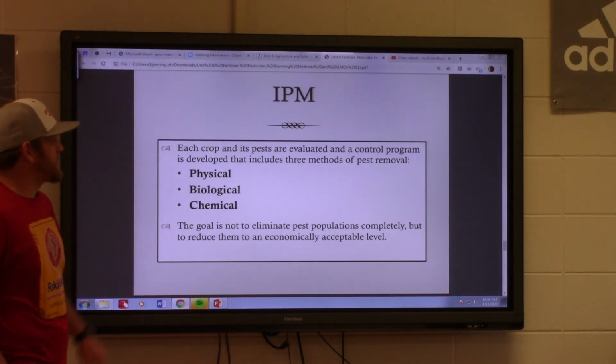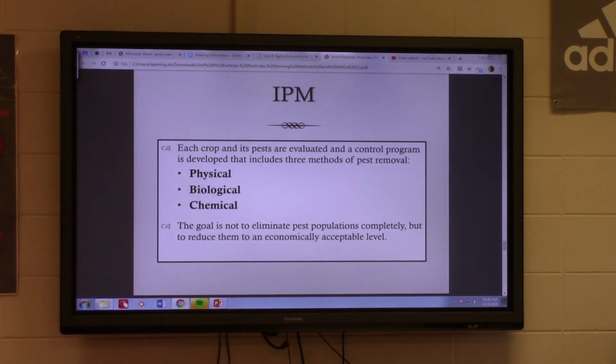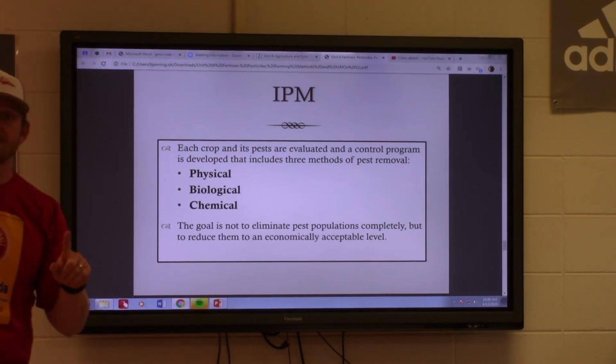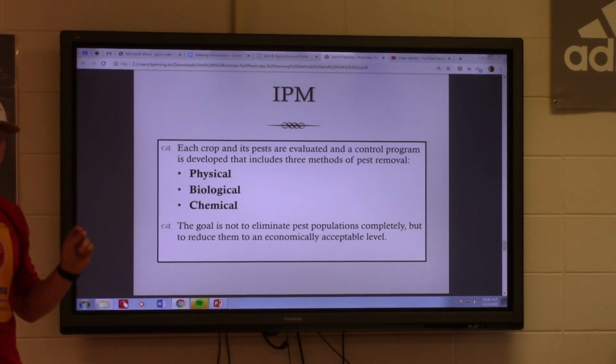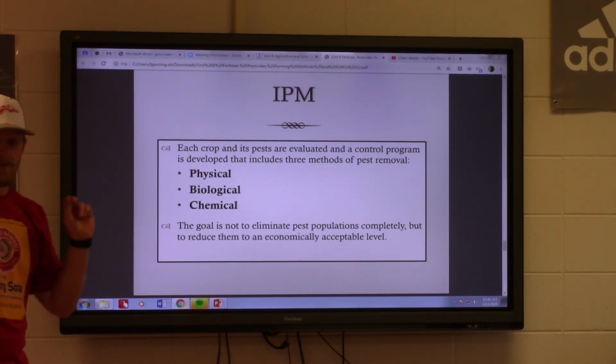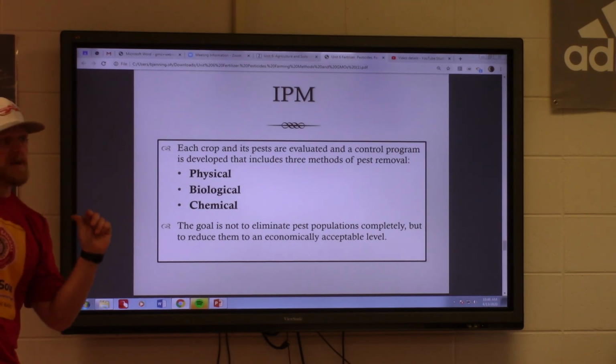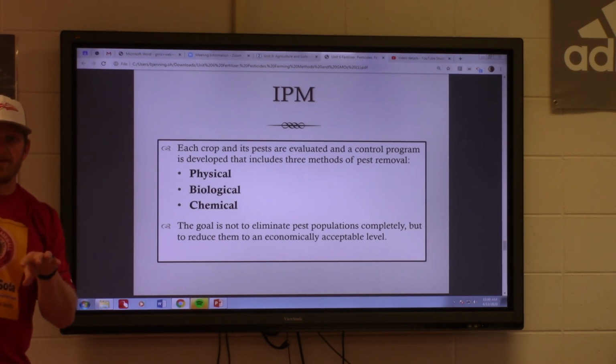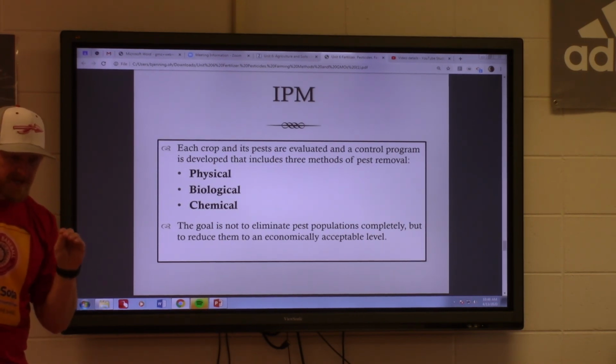IPM says each crop and its pest are evaluated and a control program is developed that includes three methods of pest removal. We can remove them physically, where we go in and make sure that we get that done, or biologically, meaning the different types of plants we plant.